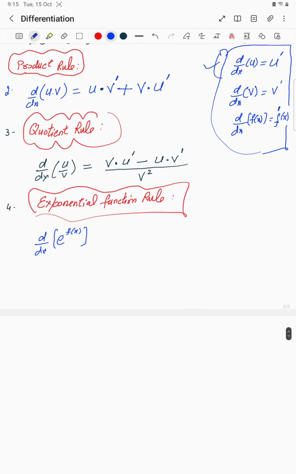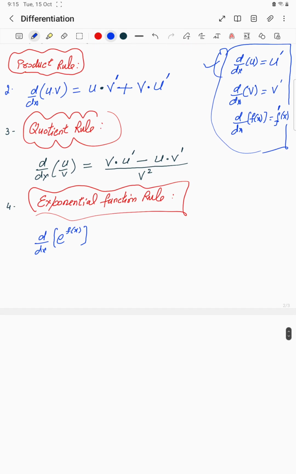If the variable comes in the exponent, in an exponential function, the rule says you need to write the exponential function as it is, times the differentiation of the function, f prime of x, as we know in notes that d by dx of f of x is f prime of x. It means the differentiation of f. And one more step is here: times natural log of the base.